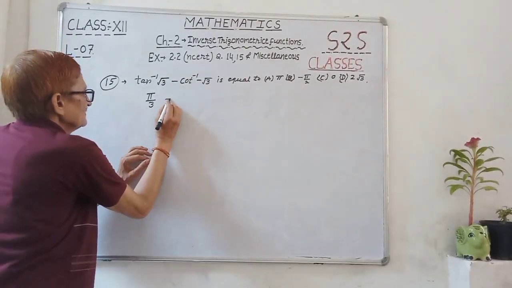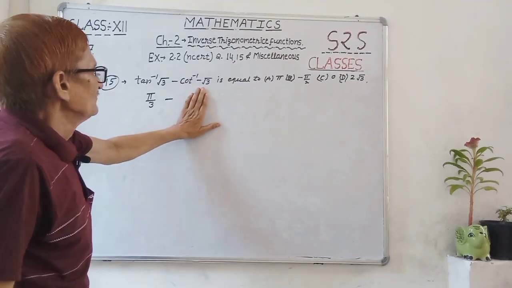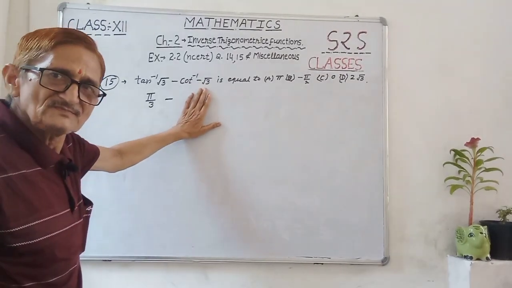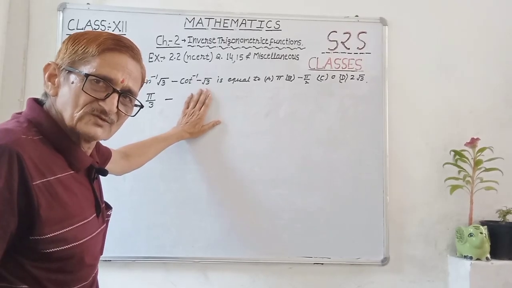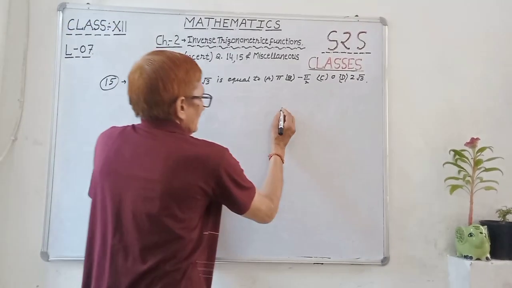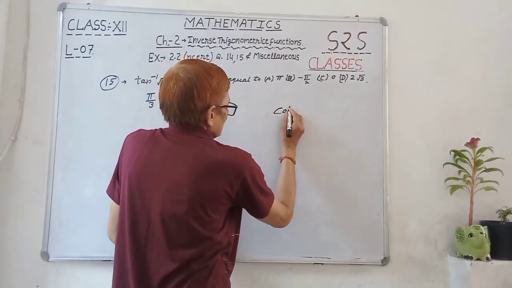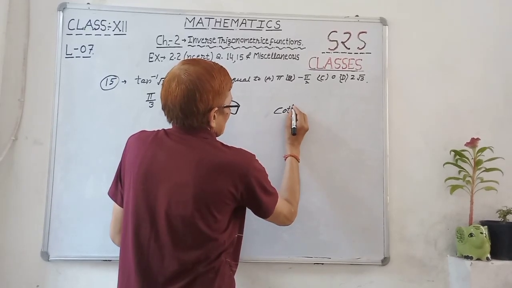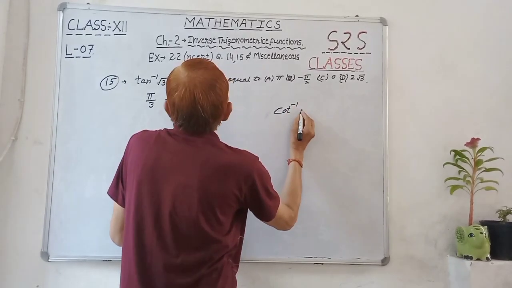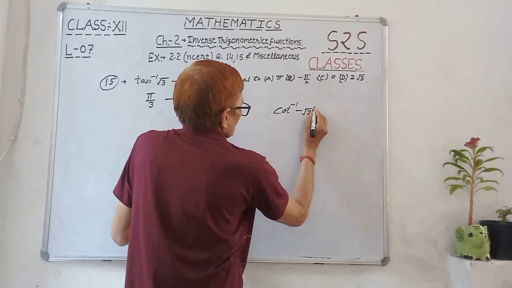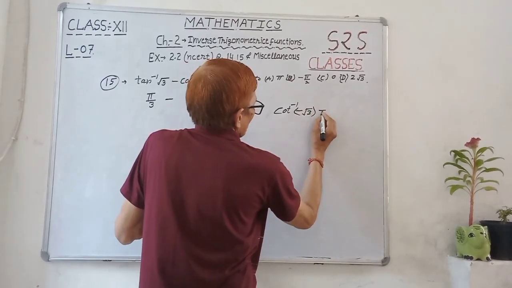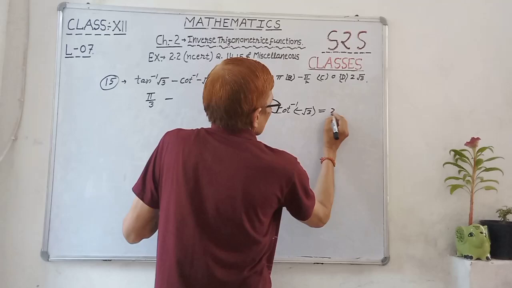Now this cot inverse minus root 3, so negative. Let it be equal to x.